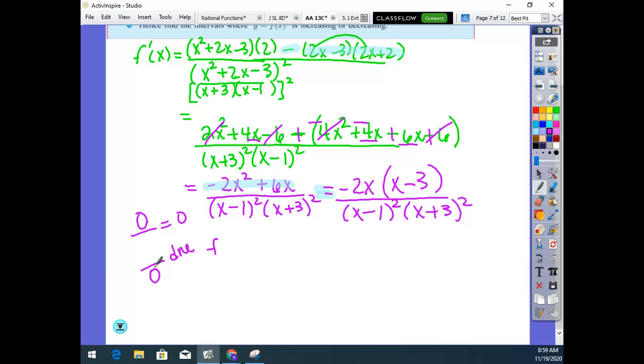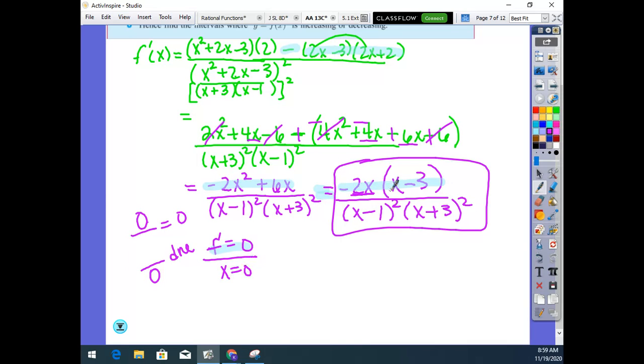So anytime you see a fraction like this, the numerator is what makes f prime equal 0. So we need to look for what makes the numerator 0. That's going to be x equals 0. What makes this 0? x equals 3.